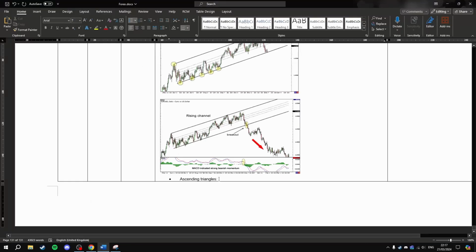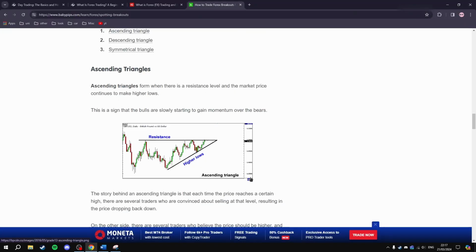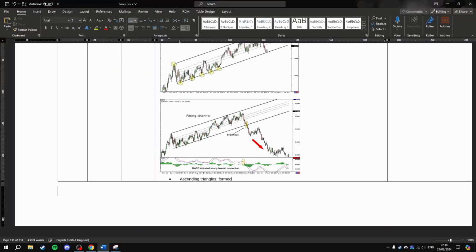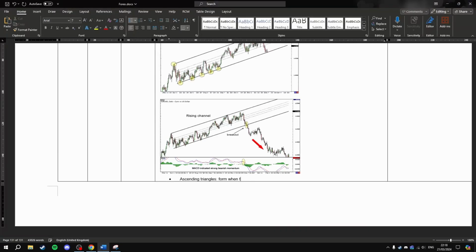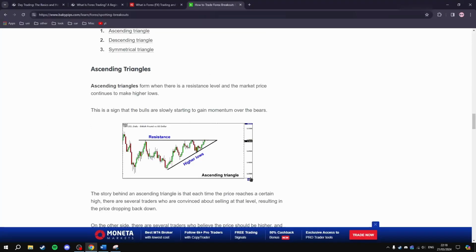Ascending triangles form when there is a resistance level and the market price continues to make higher lows.